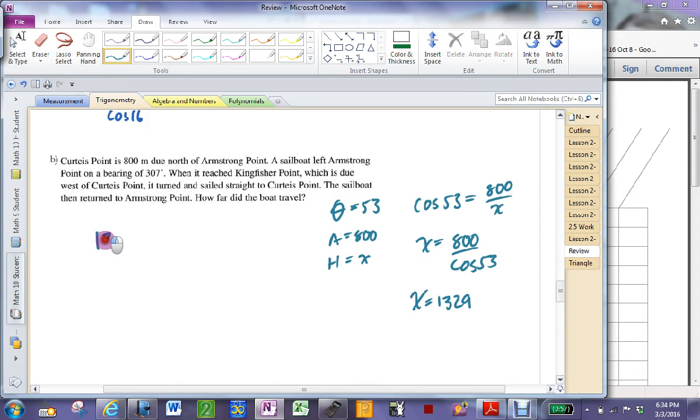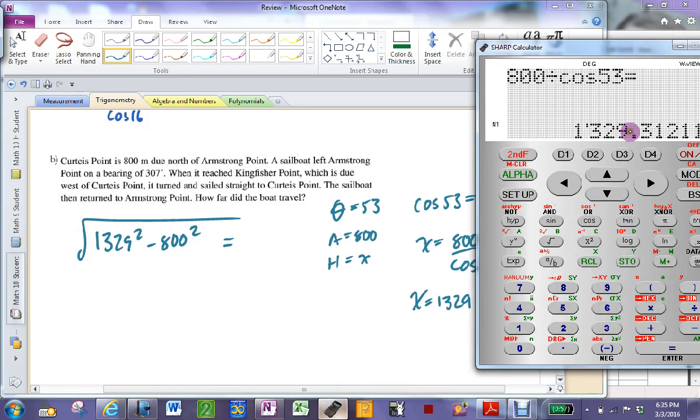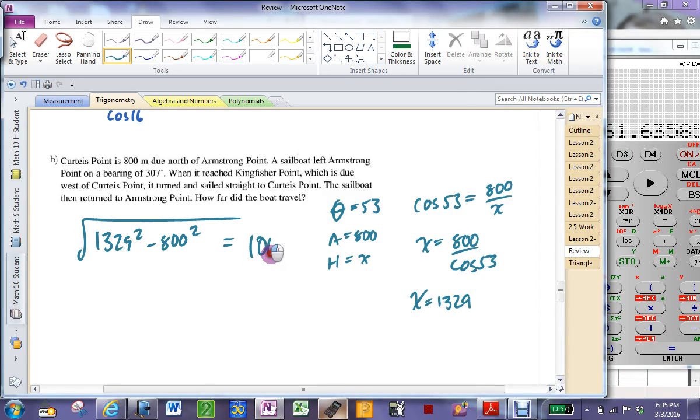And then once I have it, 1329 squared minus 800 squared, square root will get me the other side. So there's 1329 squared minus 800 squared gets me that, and then I square root that to get 1061. Then I add that all up. 1061, 1329, and 800. 0, carry the 1, 9, 11, carry the 1, 3190.